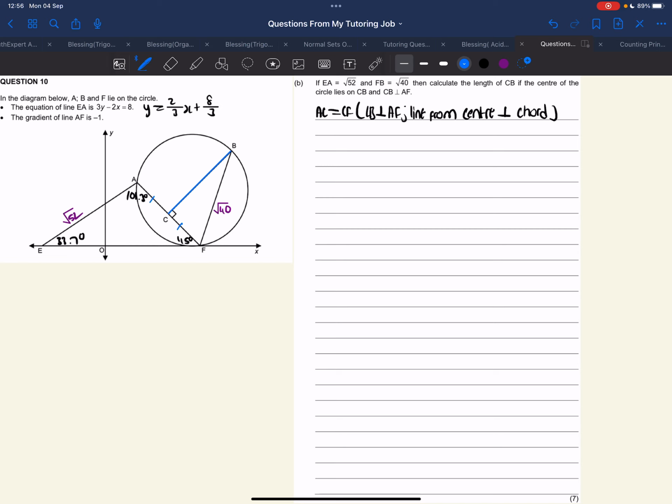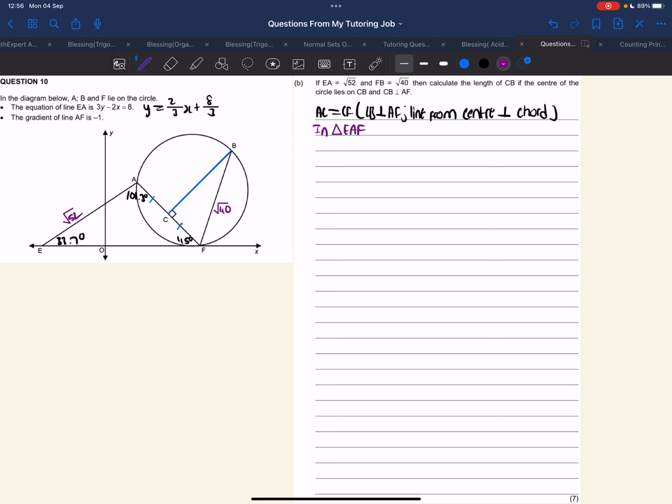So far, that's what we know. What we need is to calculate the length of AF. Now, to find the length of AF, I'm going to say in triangle EAF, I'm going to use the sine rule.